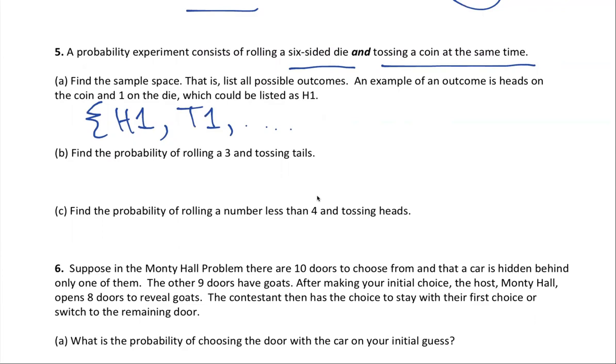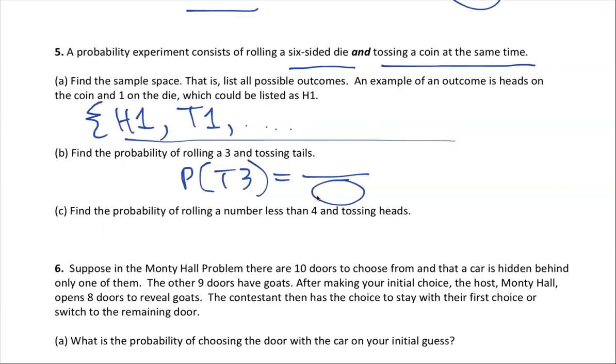So those, probability of 3 and tail, or what's the probability of T3 in this case, right? The bottom number is the total number of outcomes in the sample space, which is basically how many things you listed up here, right? And then the top number is how many ways can you get that event, okay? And then it's similar for part C.